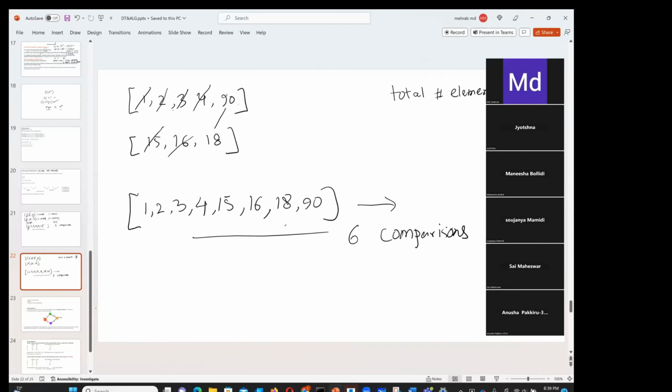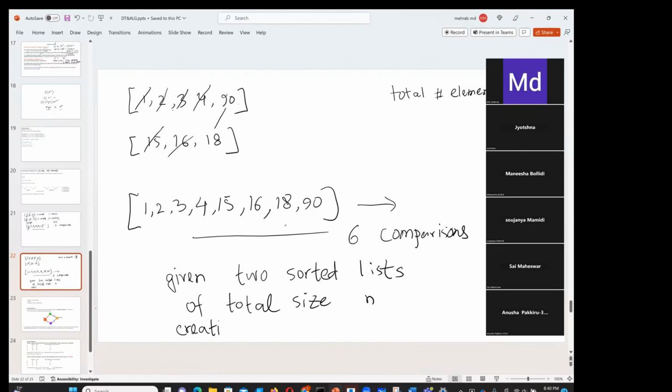So can I say that if I am given 2 sorted lists of total size n, creating a merged sorted list needs order of n operations?